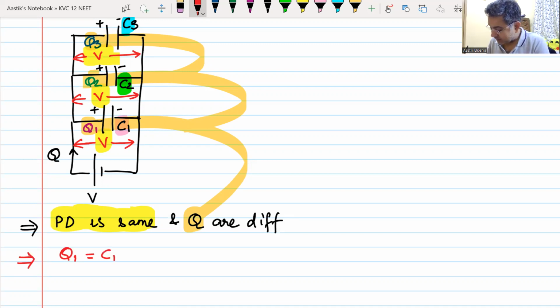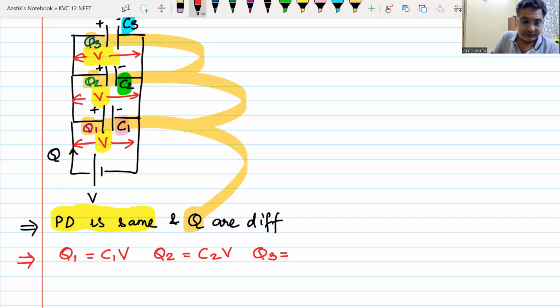Okay, so Q1 can be written as C1 multiplied by V. C1 is the capacitance, V is the voltage drop. Similarly, I can write Q2 as C2 multiplied by V. Can anyone tell me how I can write the value of Q3? No one? Okay. So Q3 is C3 into V. That is correct.